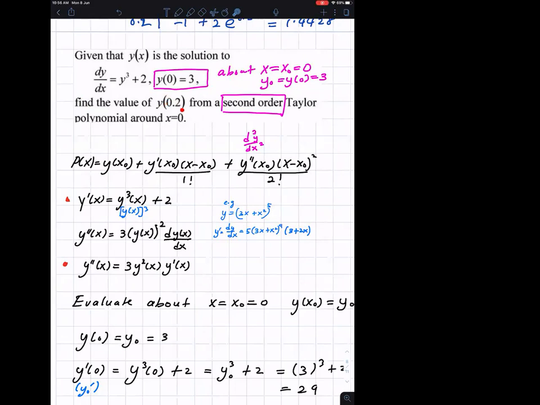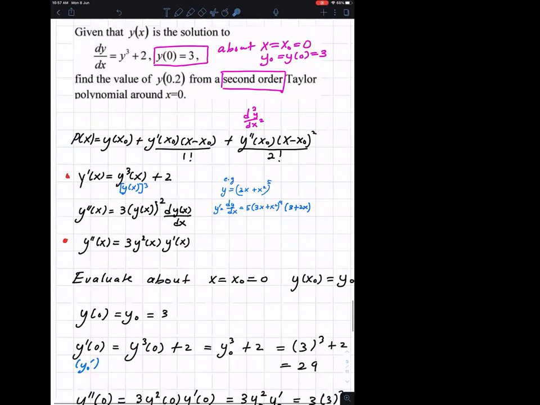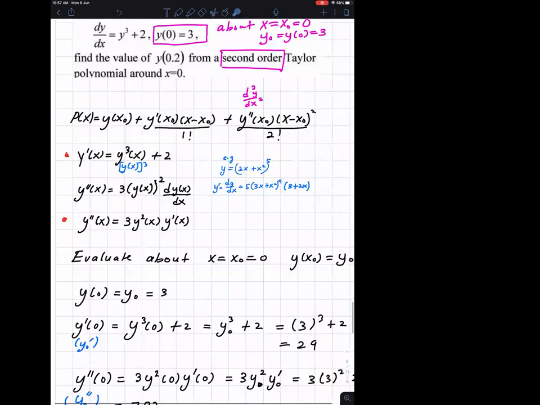When they mention around x equal to 0, that means this is your x naught. Also given here, the value when x equal to 0 is 3. Given a differential equation and 1 point, you can develop the polynomial. Then let's evaluate at 0.2.